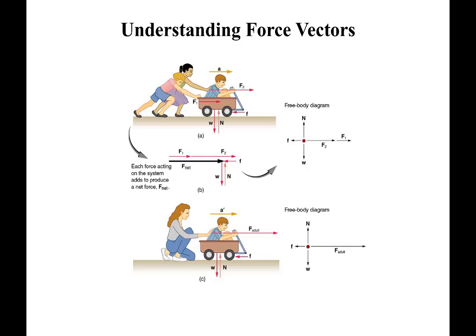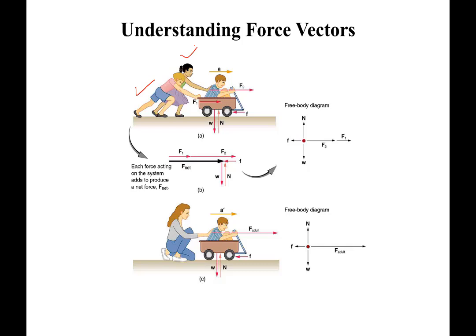This is one more good example showing how many different forces are acting on the child sitting in this wagon, where two people are exerting force. So it's the same example that I showed for the car, and here we are trying to push two.